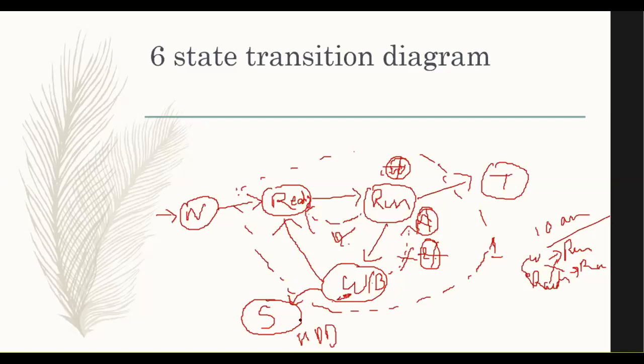Then once they complete the IO, what will happen? From the suspended state, you can move processes again into the RAM, into the same waiting state. And they will say that I have completed my task and now I don't want to be suspended. I want to return back to ready, so please bring me back into the waiting state.